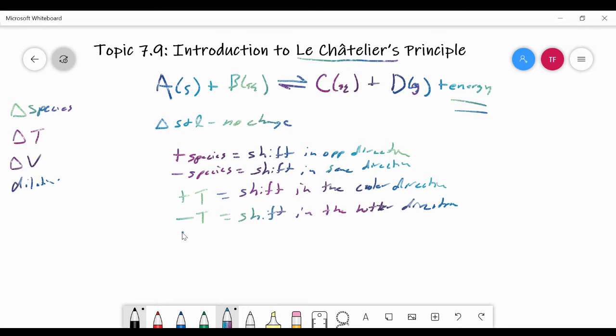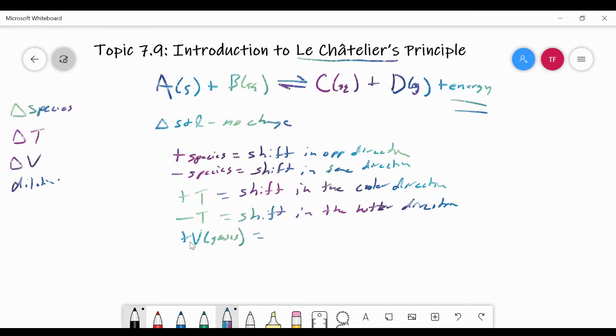Volume. So volume only applies to gases, and that is it. It does not apply to anything else. So if we increase the volume of this reaction, in other words, we made the reaction chamber bigger, that means there's more space for gas to occupy.